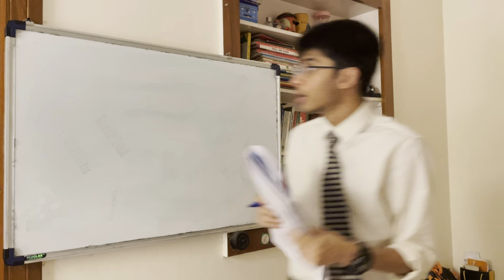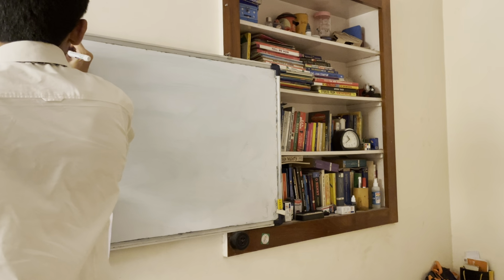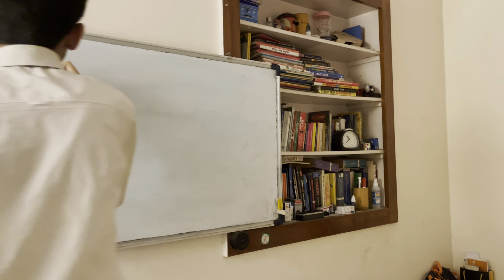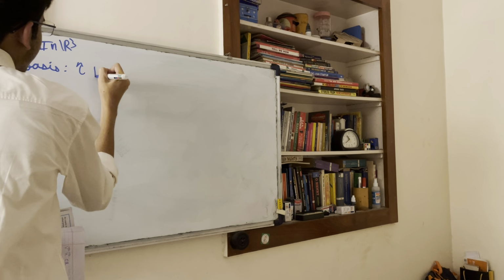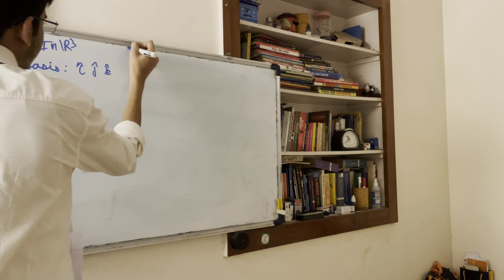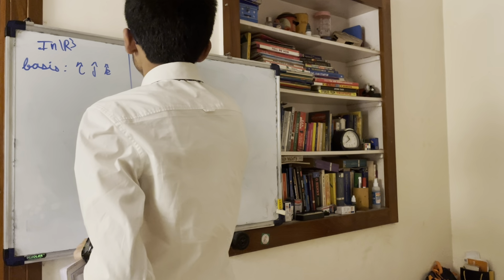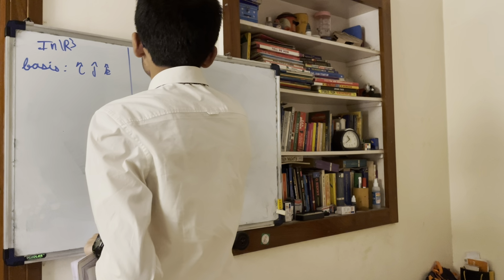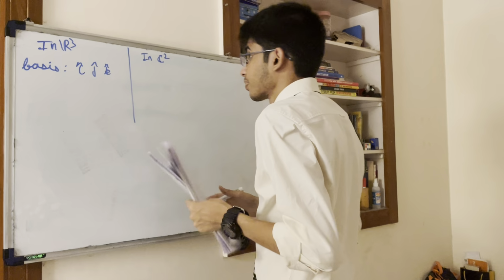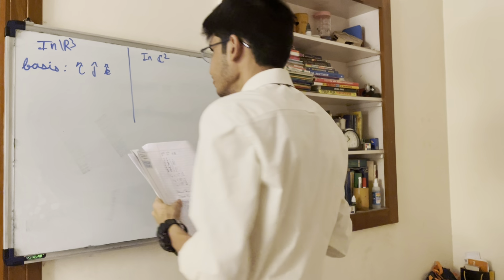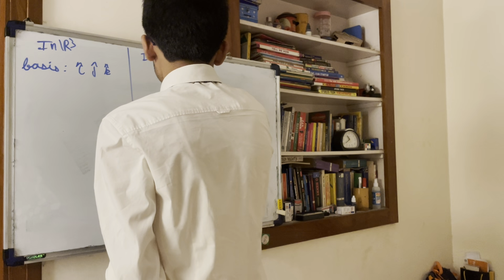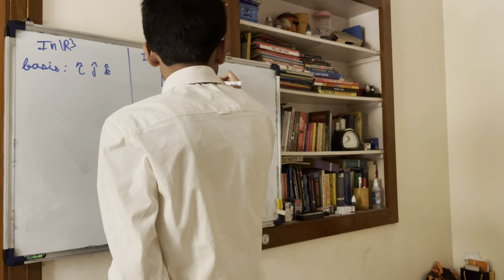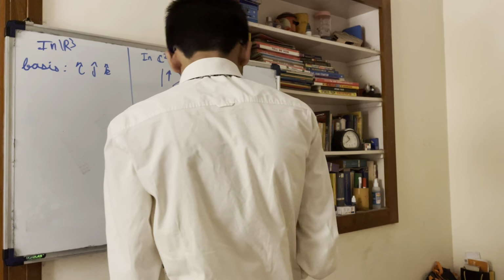So in R3, bases are i cap, j cap, and k cap. In C2, that is the space we have for the complex vectors, the bases are spin up and spin down.